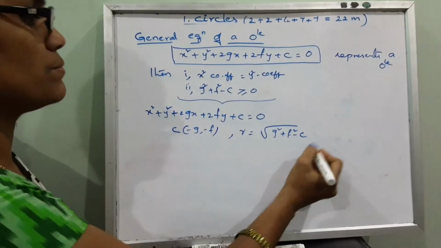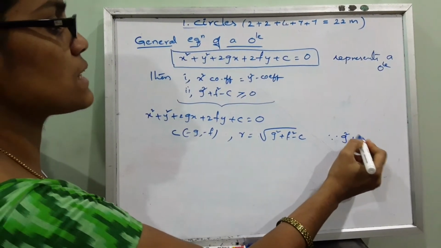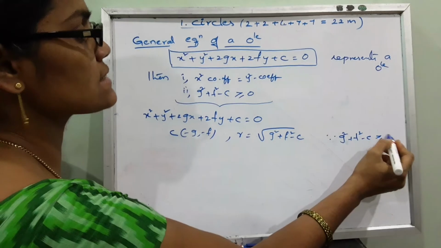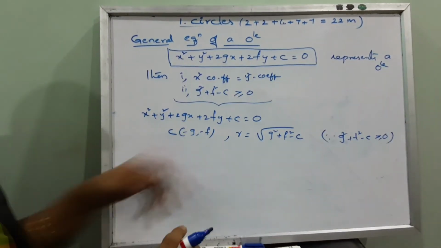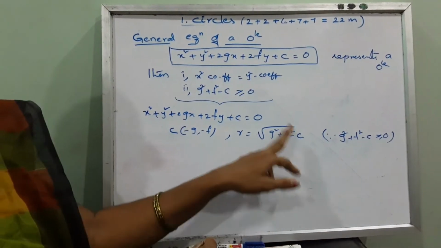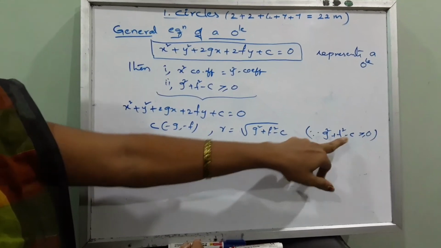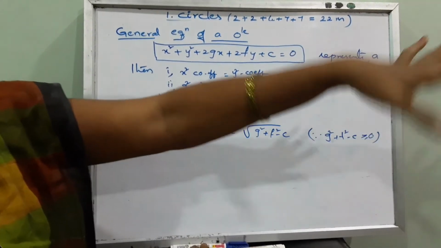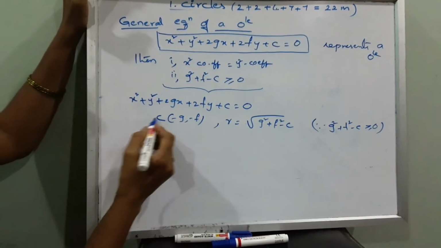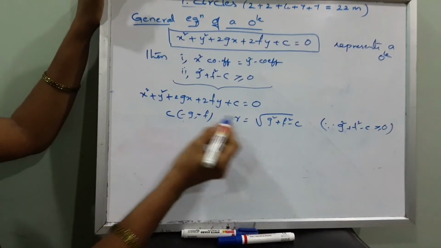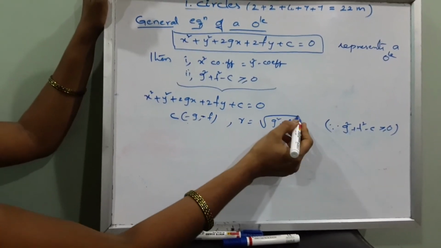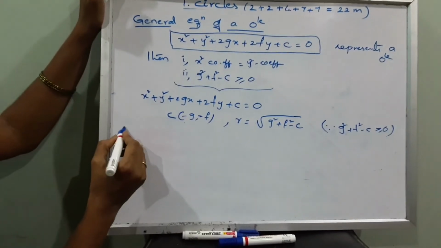Here g square plus f square minus c is always greater than or equal to 0, because negative values do not exist in a square root. That's it. Center C is minus g comma minus f, and r is equal to under root g square plus f square minus c.